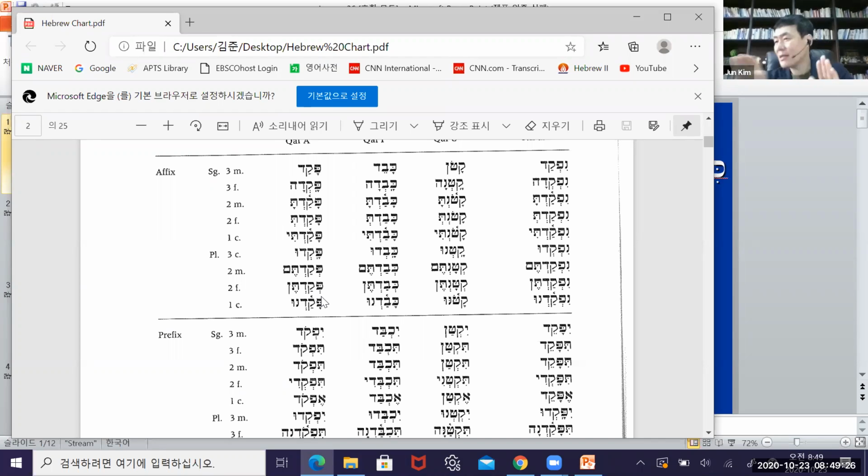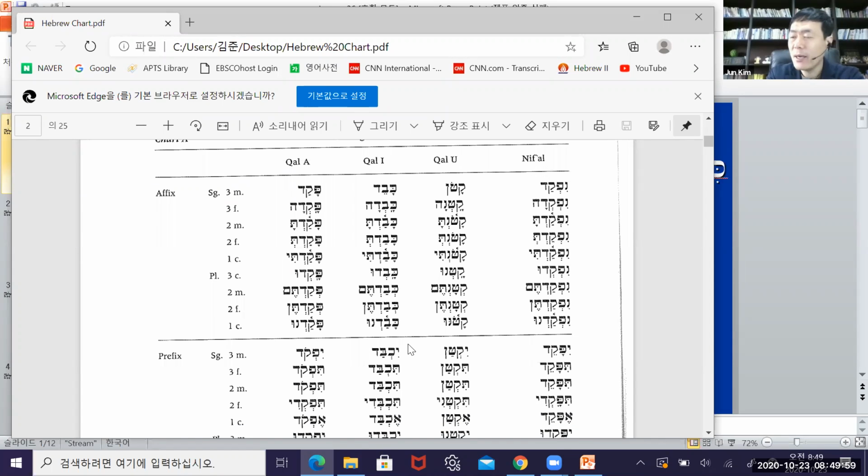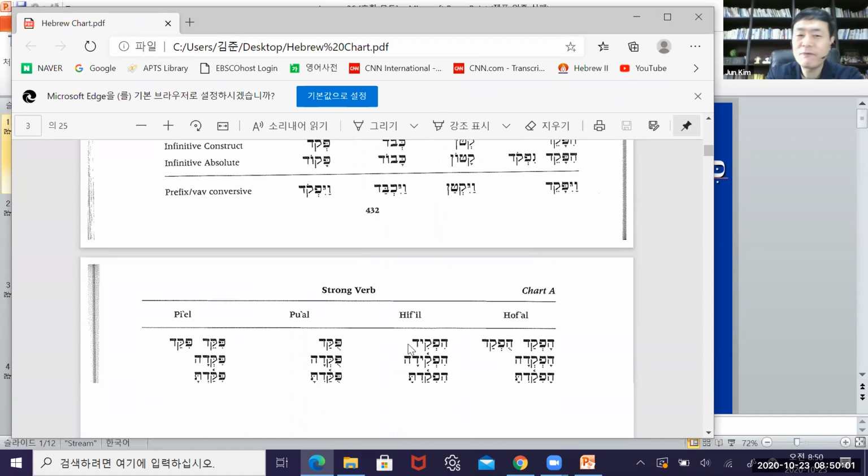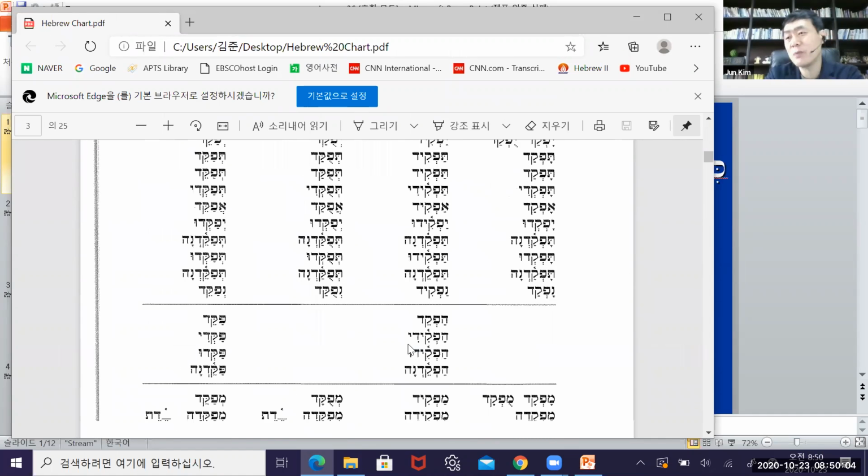But now, pata under the first root letter, I'm saying under the first root letter, is the indicator of the PL prefix form. Why is it special? Because normally we expect shewa under the first root letter for the prefix form in the Kal. That's why having pata under the first root letter is quite special. That's why it is PL stem.